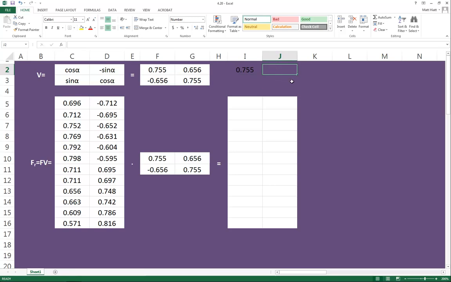To do it here for negative sine of alpha, we'll do a minus sign equals minus. Type in sine, which will return the sine of an angle. We've got 319 times pi again, and divide that by 180. And I'll do the same thing here, just without the negative sign.